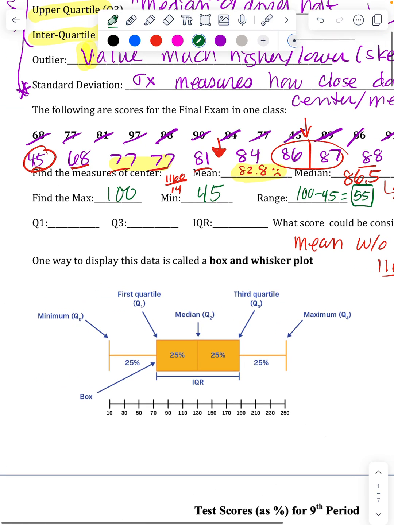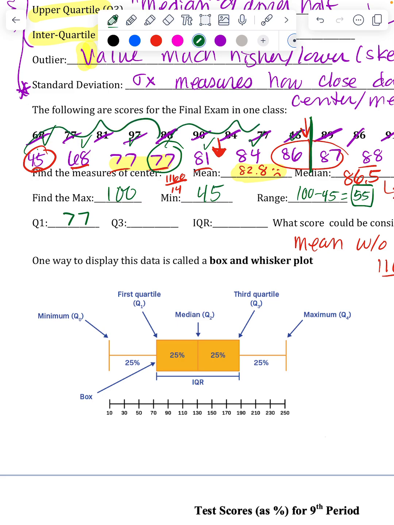Q1, okay. So we split here as our median. Now in the lower half, if I eliminate this and this, then move one in, I end up with 77 smack dab in the middle, making that my Q1. So this is the first quarter of my data. This is the next quarter of my data.